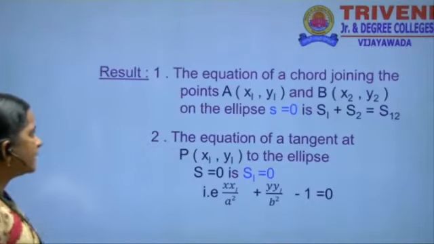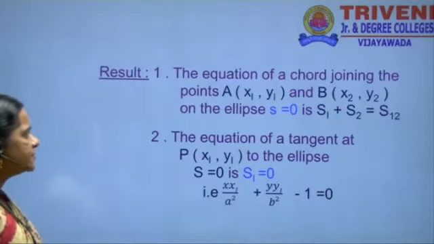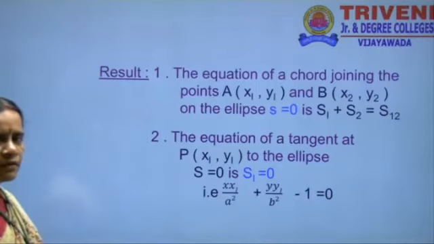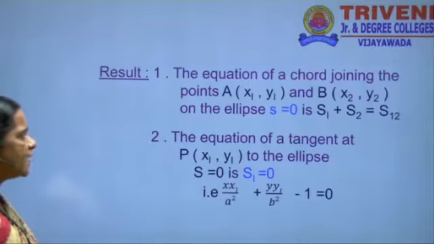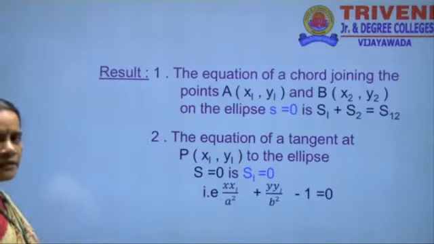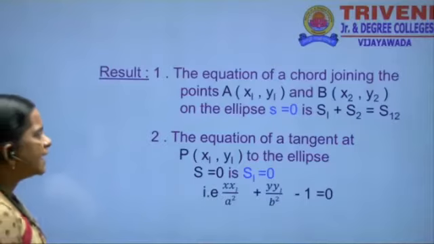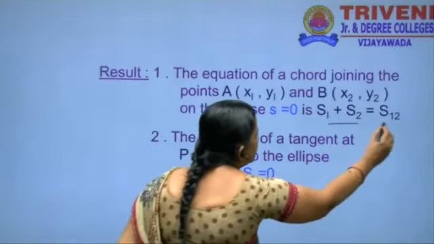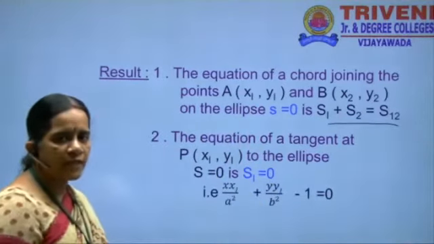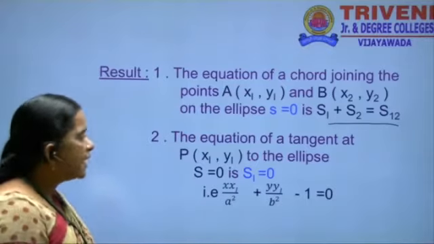That is, the equation of the chord joining the points A(x1, y1) and B(x2, y2) on the ellipse S = 0 is S1 + S2 = S12.